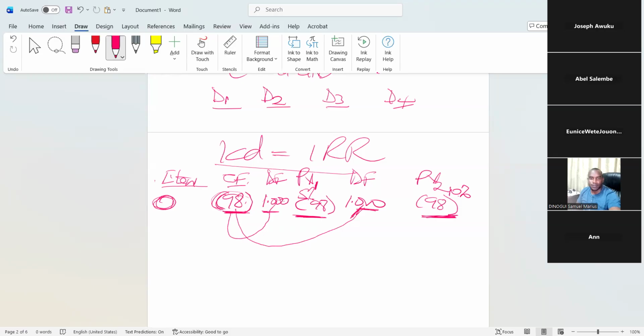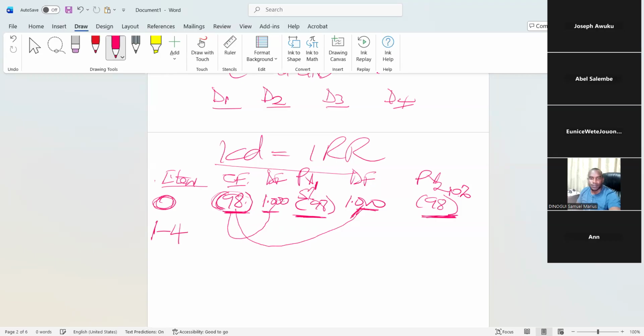But we are going to use this one to solve a few questions. I'm creating scenarios here, so it's not that I have a question in front of me. Don't get confused. If it happens that the question tells you that the bond is maybe a 4-year bond, then the second thing you are going to do is come here and say 1 to 4.